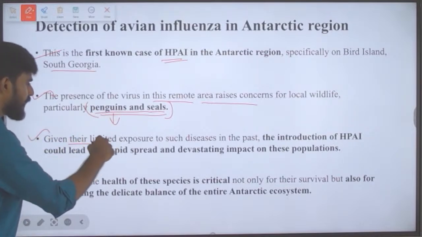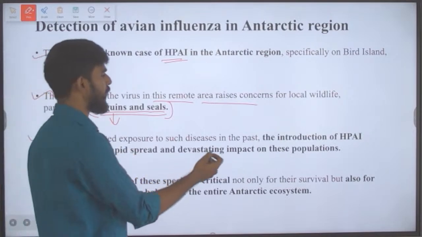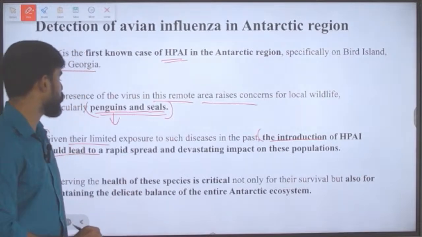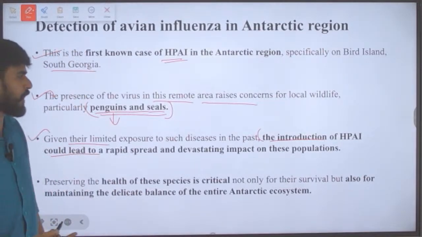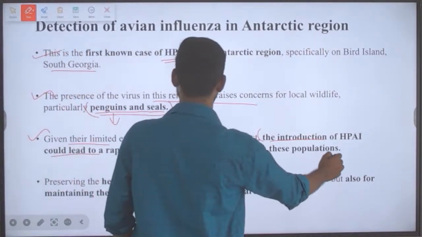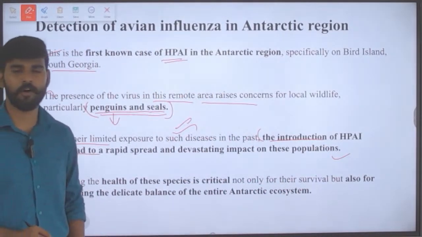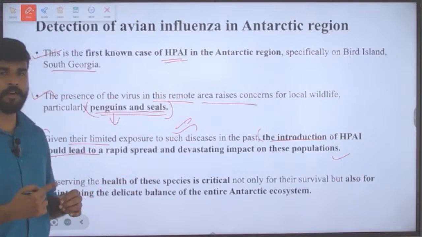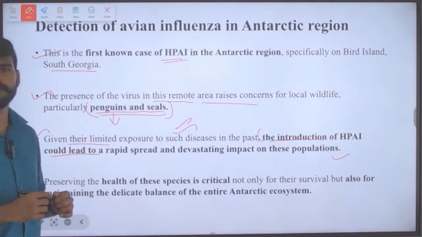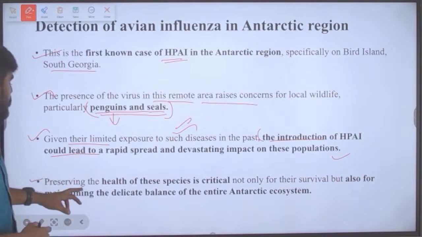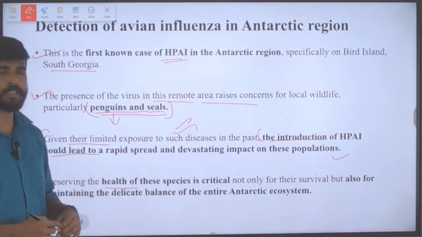Given their limited exposure to such disease in the past, the introduction of HPAI could lead to rapid spread and devastating impact on these populations, which is very important. They are already exposed to many such diseases, and now this spread of avian influenza will cause further problems. Preserving the health of these species is critical.